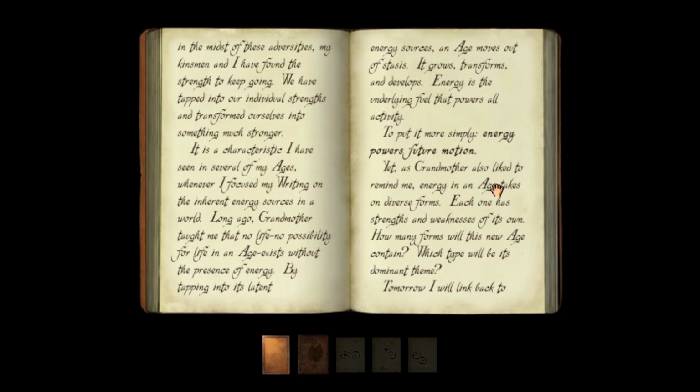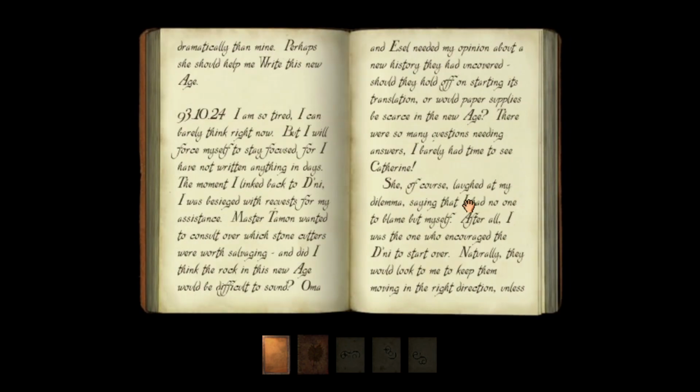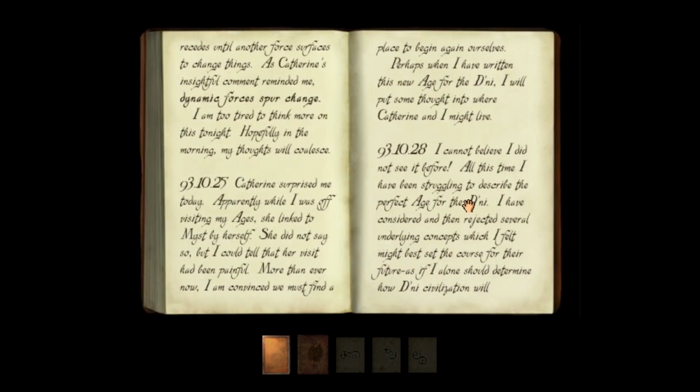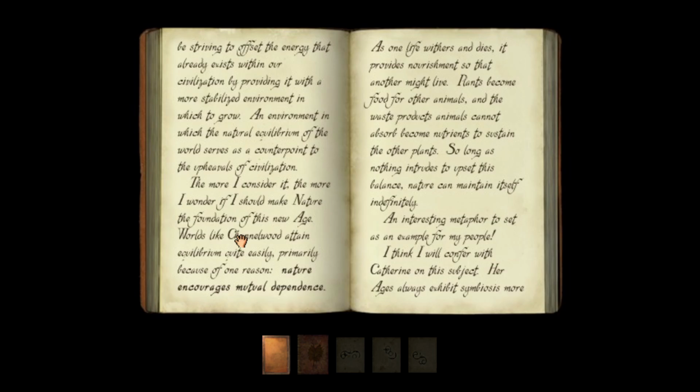Energy powers future motion. It's on the right page, towards the middle. Dynamic forces spur change. Nature encourages mutual dependence.